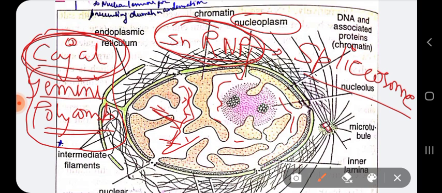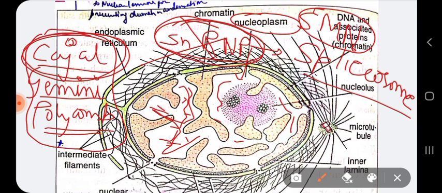The main distinguishable feature is that these Gemini bodies don't contain the small nuclear ribonucleoproteins. That means they don't have snRNP. Instead, they have a protein called survival of motor neurons, also called SMN, whose function is related to biogenesis of snRNP.